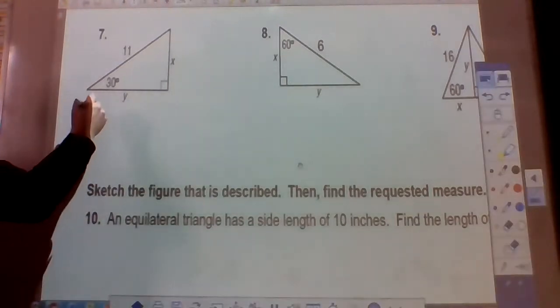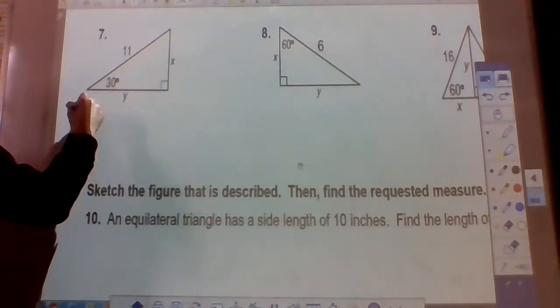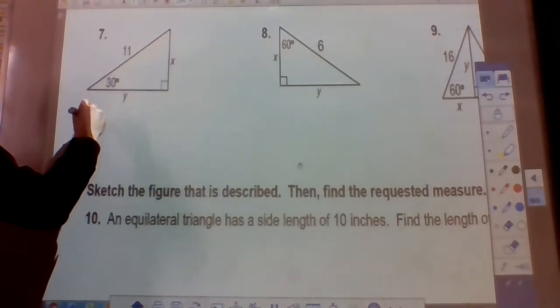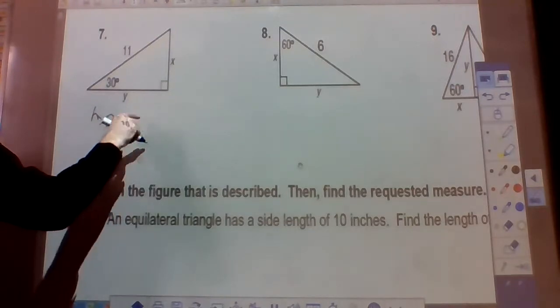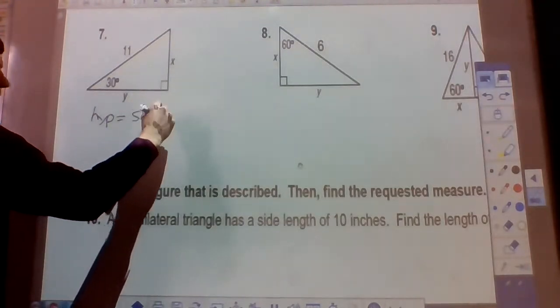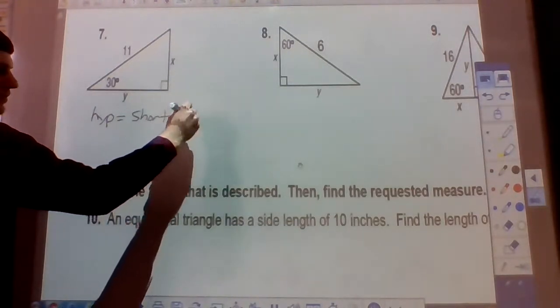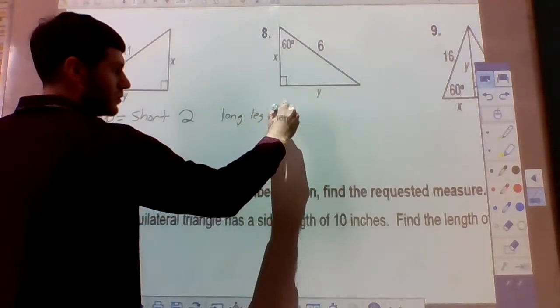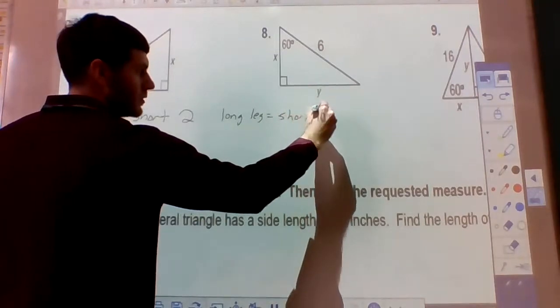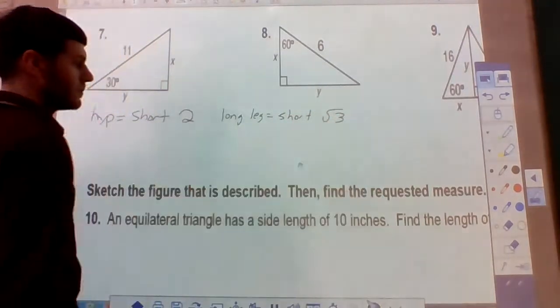All right, number 7. The hypotenuse equals the short leg times 2. And the long leg equals the short leg times the square root of 3.